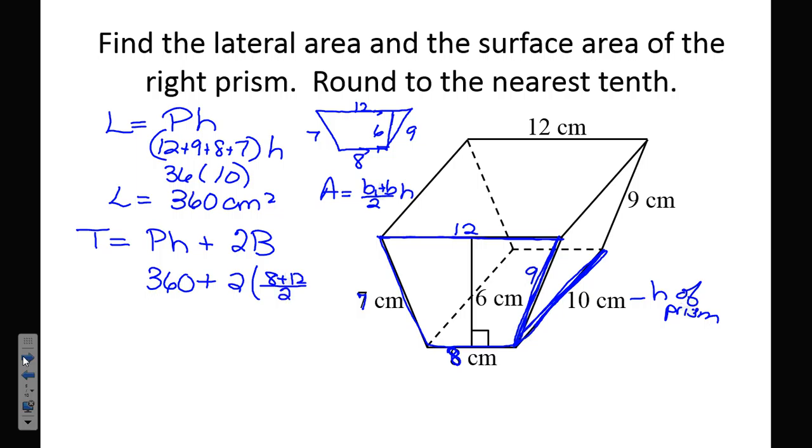And you're taking that times the height of the trapezoid. Okay. So what is 8 plus 12 divided by 2 times 6? 60.